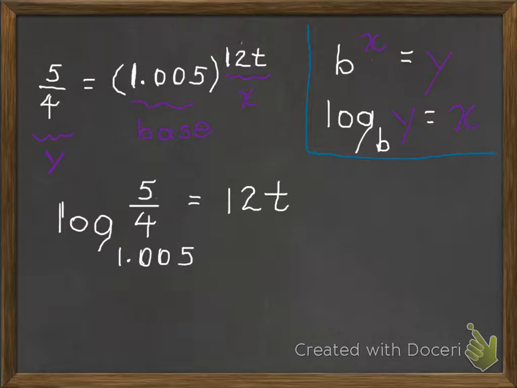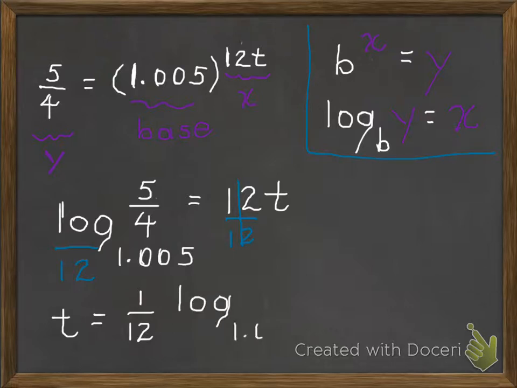To solve for t, we're going to have to divide both sides by 12. So I'll just divide it out here to show you. I'm going to divide it here, and we're going to divide over here by 12. So then t is equal to a 12th, you can write it this way, a 12th of log base 1.005 of 5/4.